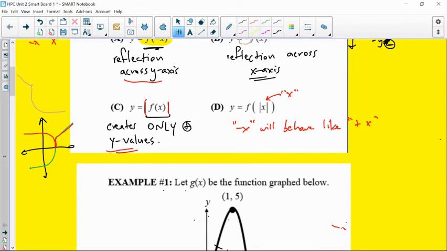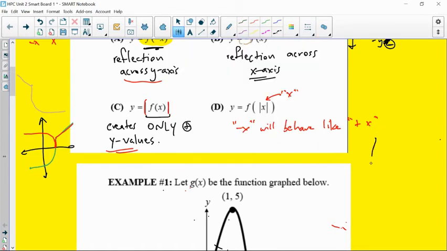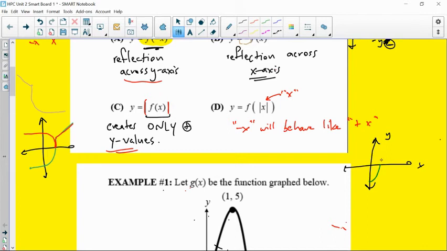So let's take a look at what that might look like. Just an example, just generically, y-axis, x-axis. So let's say this is your graph, something like this, and then maybe this is, I don't know, something like that.